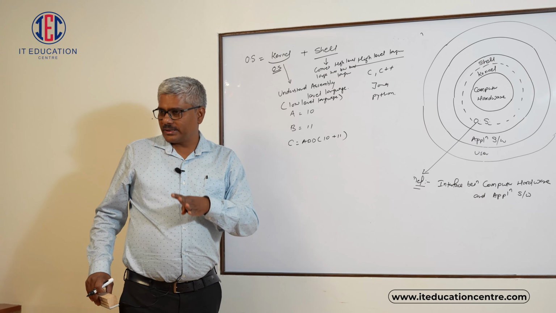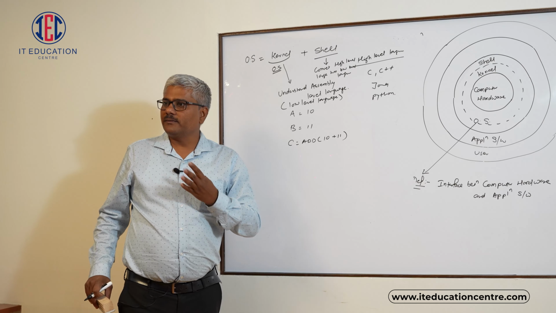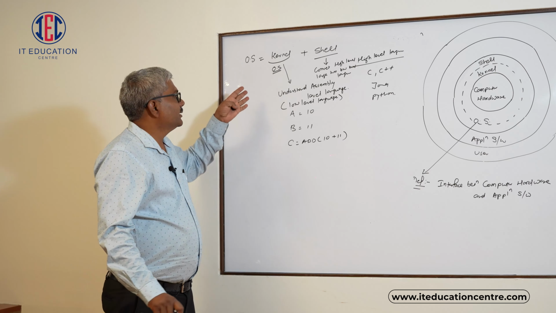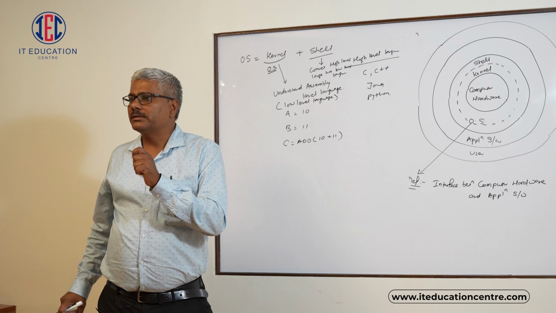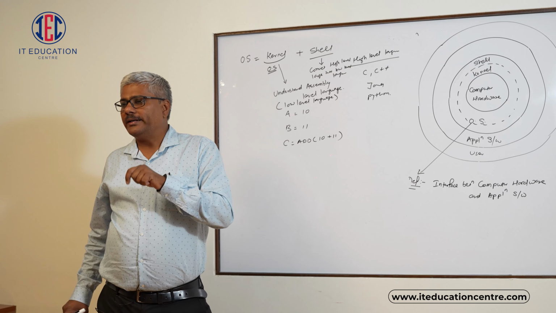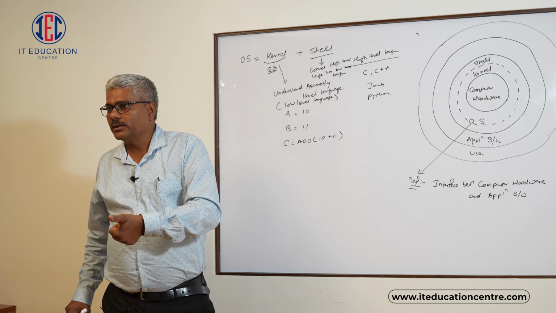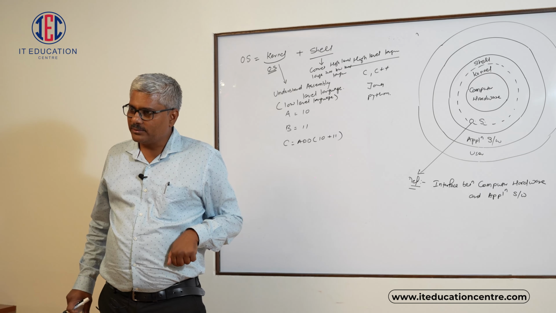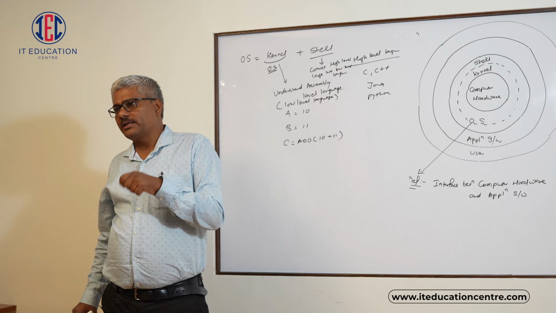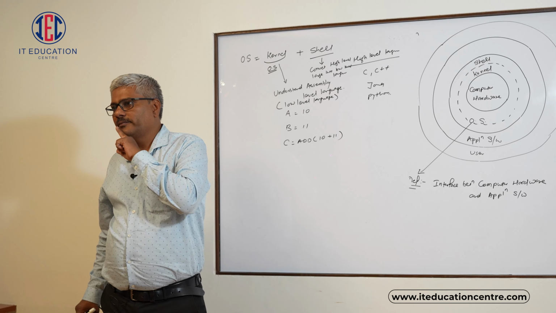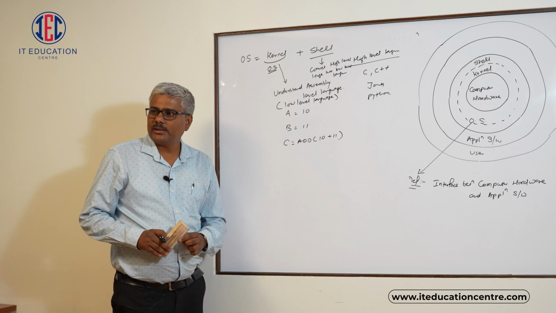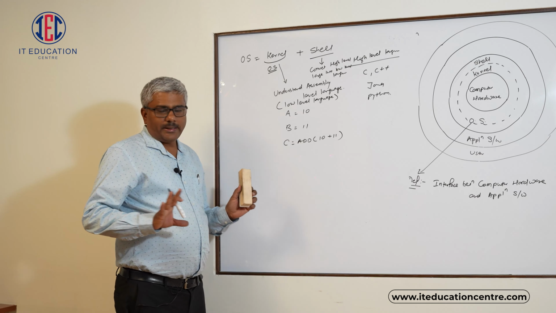The kernel understands low level language, converts it into binary and gives it to the computer, meaning the hardware component, and instructs the hardware what to do. Accordingly, the hardware performs the job and gives the answers to the kernel, and the kernel gives the result to the shell. So, any doubt in this?